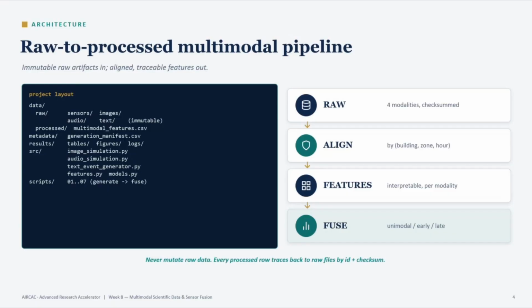The workflow goes from the raw data sets, then the alignment, feature extraction, and the fusion. And every processed result should remain traceable to the original file. So even before machine learning, we are already thinking about reproducibility and provenance. It is very important to always have reproducible results and reproducible data sets.